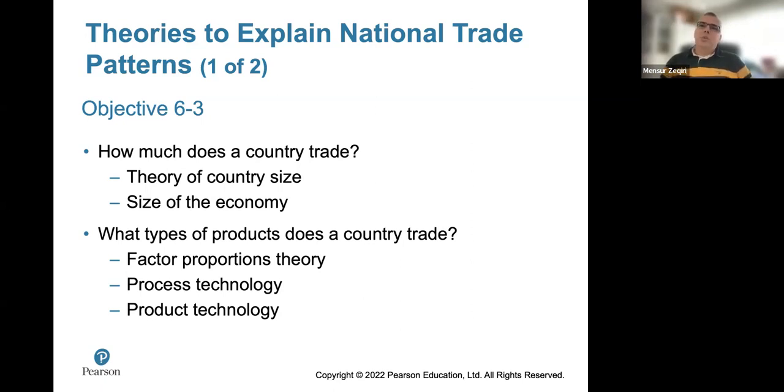To the question, what types of products does a country trade? We have three main theories. We talked earlier about process technology and product technology. One particular theory that explains what types of products a country trades is the factor proportions theory.